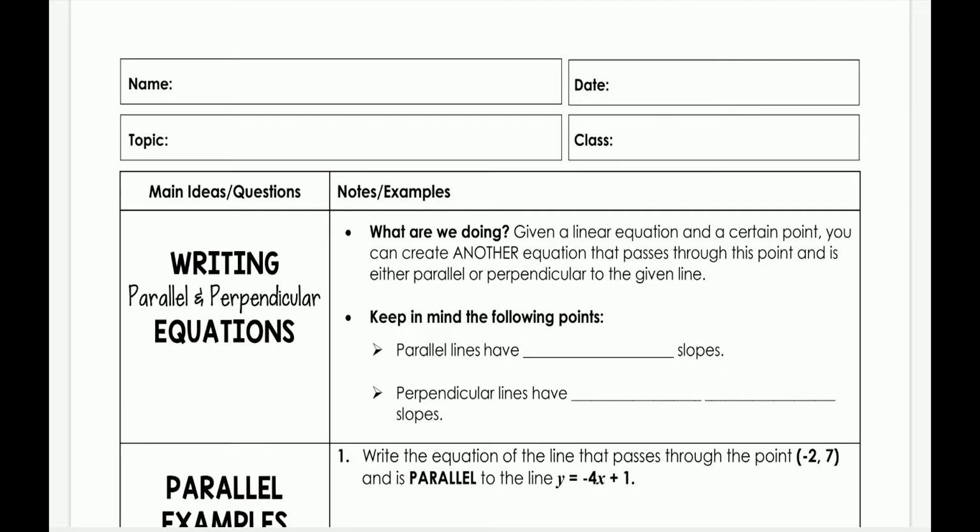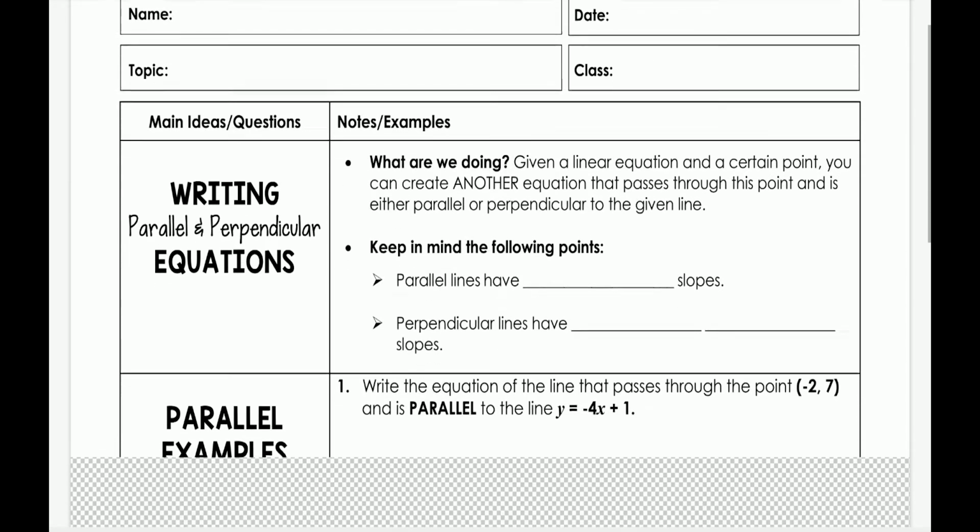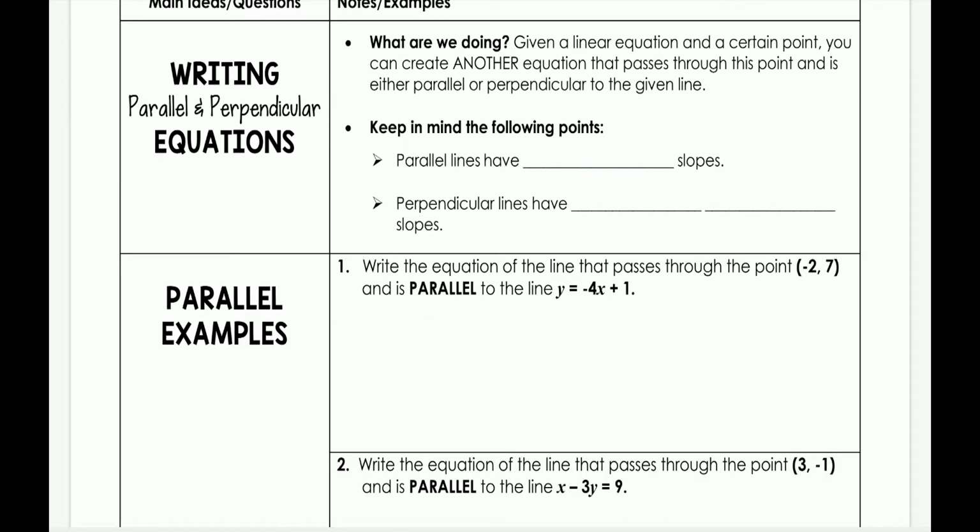So as I said, we're going to be talking about how to write parallel and perpendicular equations. The goal is, if we're given a linear equation and a certain point, we want to create another equation that passes through this exact point and is either parallel or perpendicular to the given line.